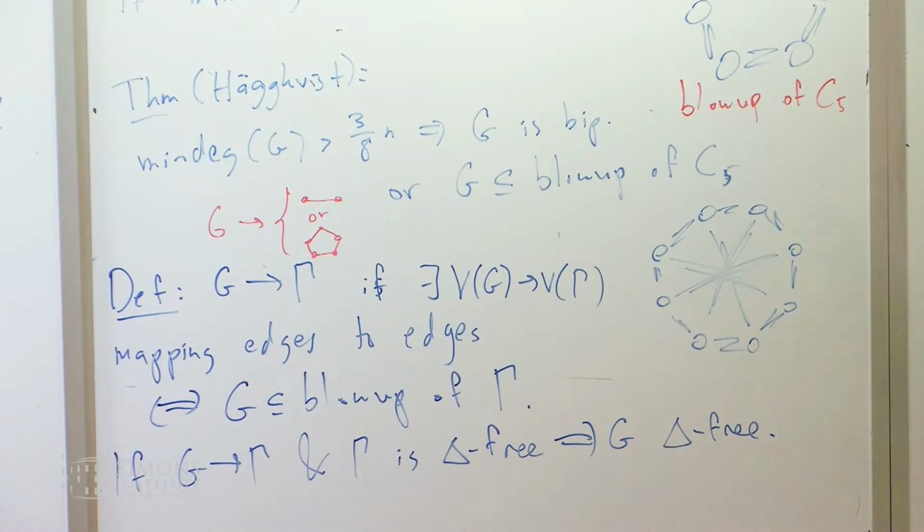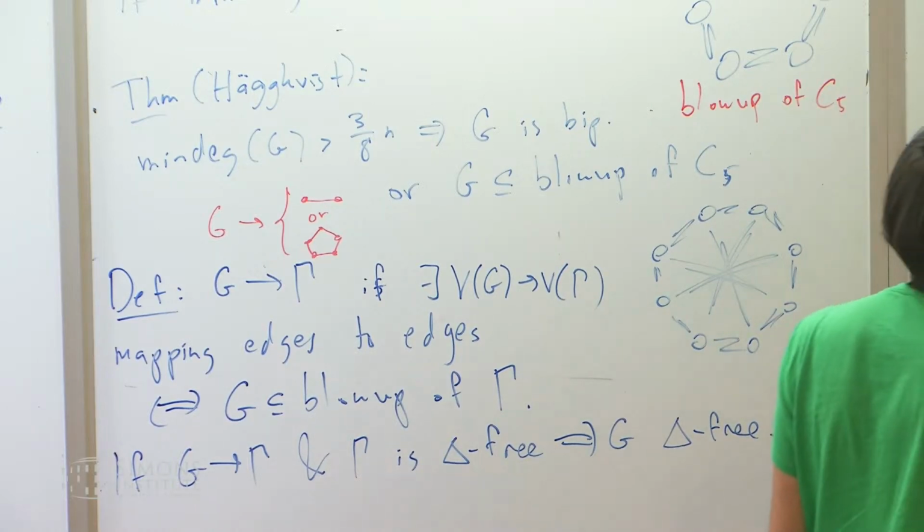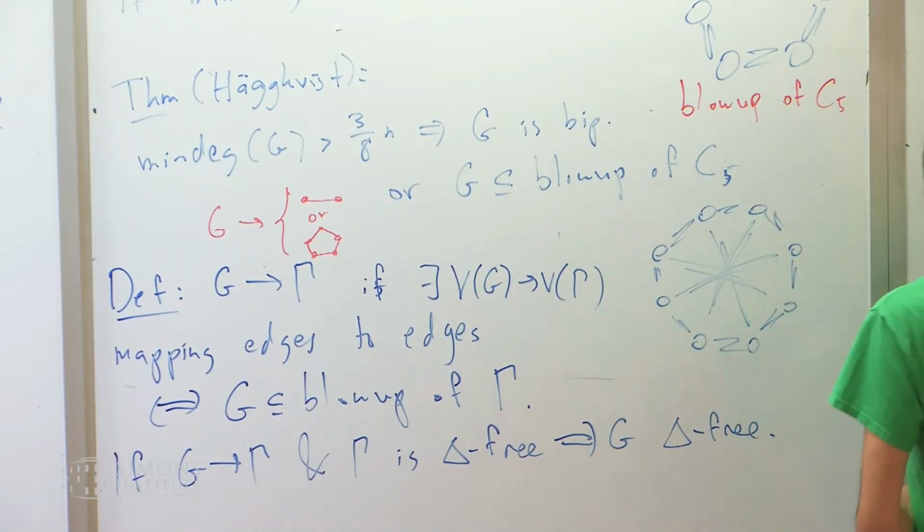So actually, before I get back to triangle-free graphs, I want to talk a tiny bit about graphs with few triangles. There's this amazing result called the triangle removal lemma, which probably many people know. It's due to Ruzsa and Szemerédi, whose names we saw a lot yesterday. And it says the following.